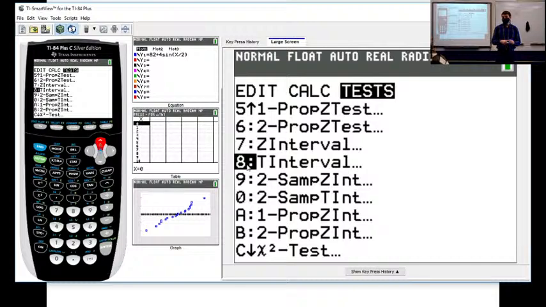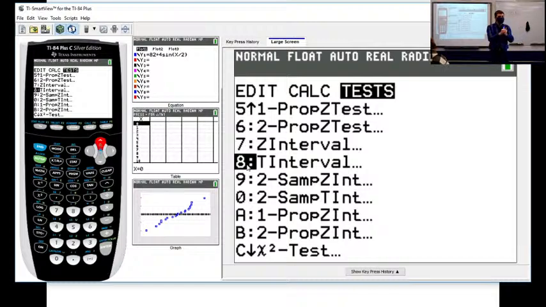And they're basically going to ask, do you just have a list of mean and standard deviation and sample sizes for me? And that's all you're given? Or did you have a list of all the data and you put it in a list and you want me to go from that list 1?